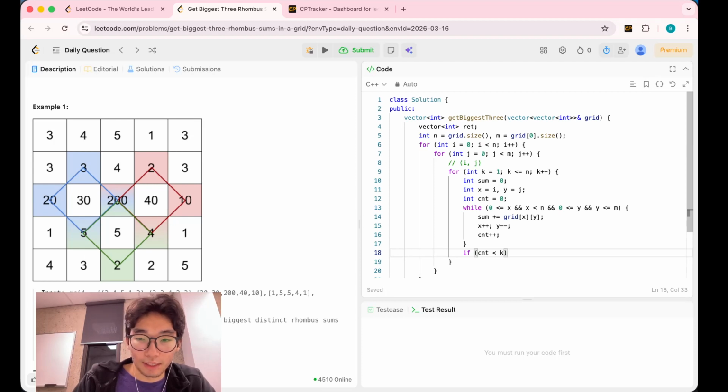We have to take k elements, so that's why I'm doing this.